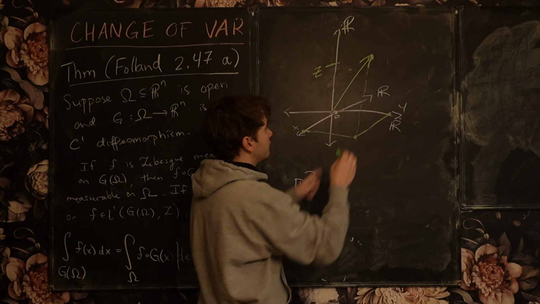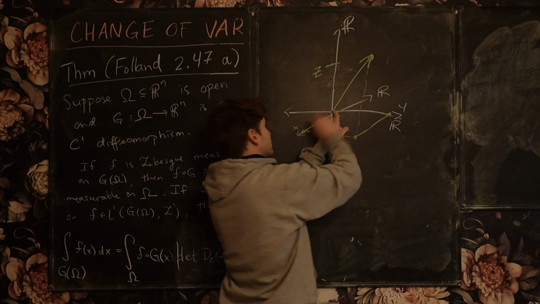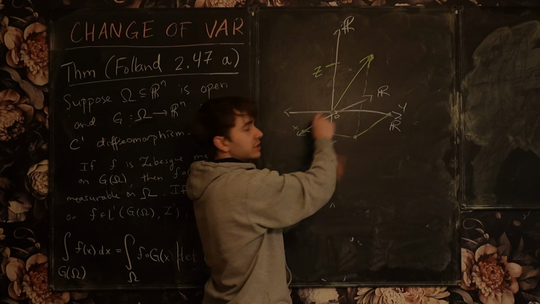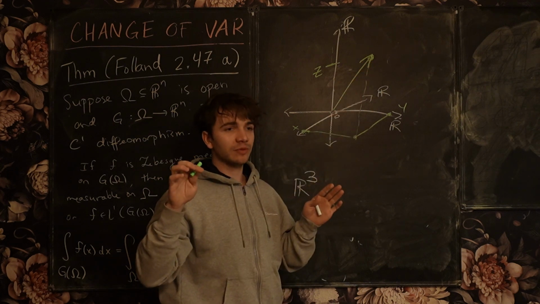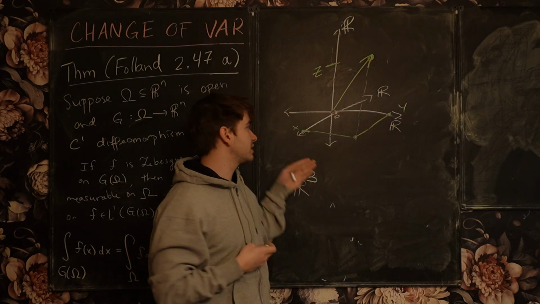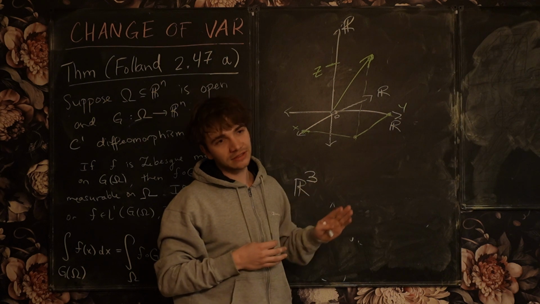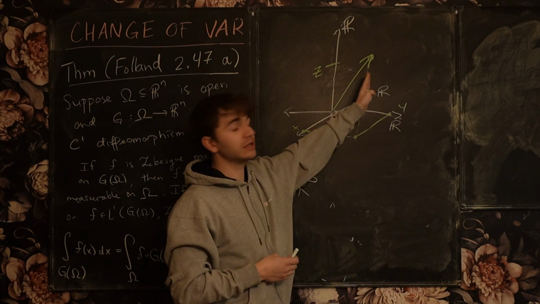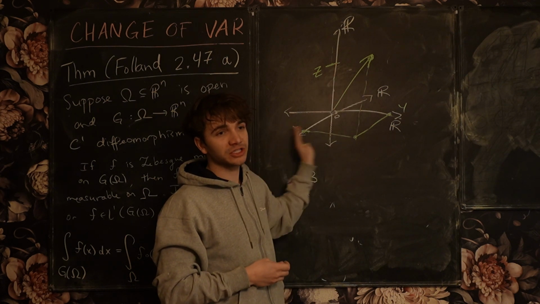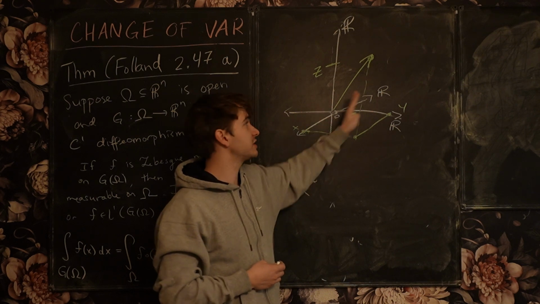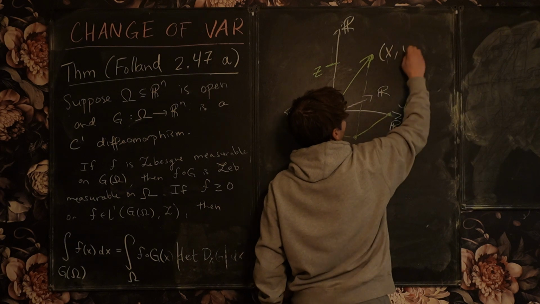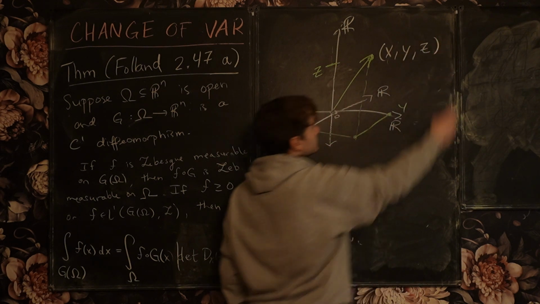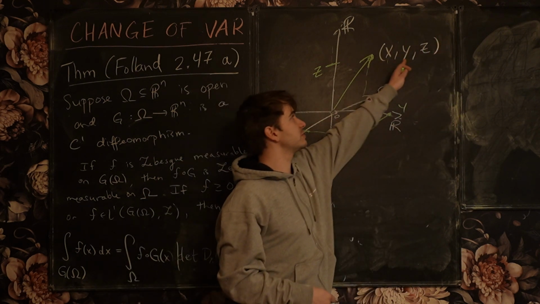If you take this vector and project it onto this real line, you get the x-coordinate. And so by taking the vector of whatever point you gave me and projecting it onto the x, y, and z axes, I can understand where it is. Basically, by looking at its shadow on the x, y, and z axes, I can understand exactly where this point is. Namely, it has coordinates x, comma, y, comma, z, where these are the values of its projections.